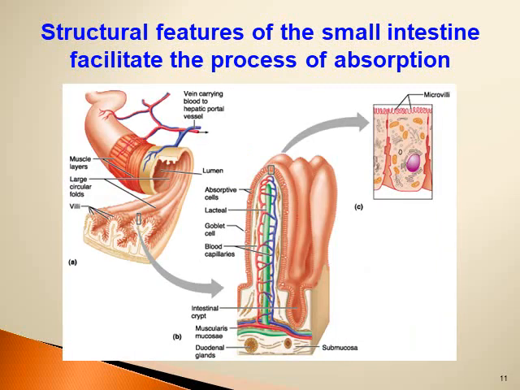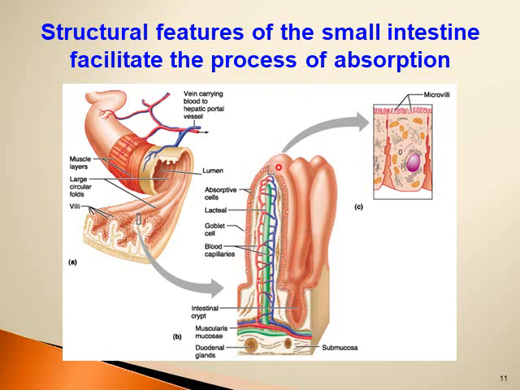So again, here we can see the plica circularis, and the plica circularis is covered by mucosa. The mucosa has finger-like projections called the villi. This is a magnification. We have here 5 villi, and this is one villus.